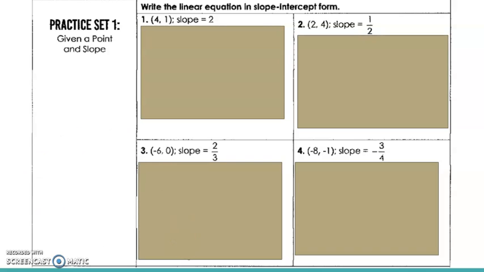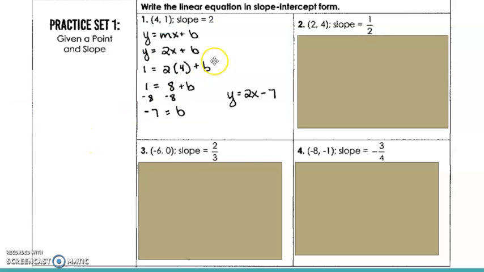Last thing we need to go over with slope and writing equations of lines is what happens when we are given a point and a slope. So we're still going to write it in slope-intercept form. We're always going to start with y equals mx plus b, and then we're going to replace our m with the slope that they gave us. In this case, it's 2.